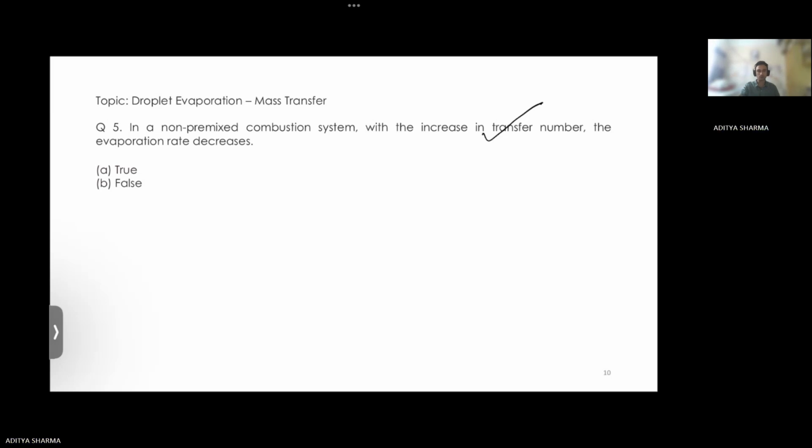Okay. So if your transfer number will increase, your evaporation rate will also increase.